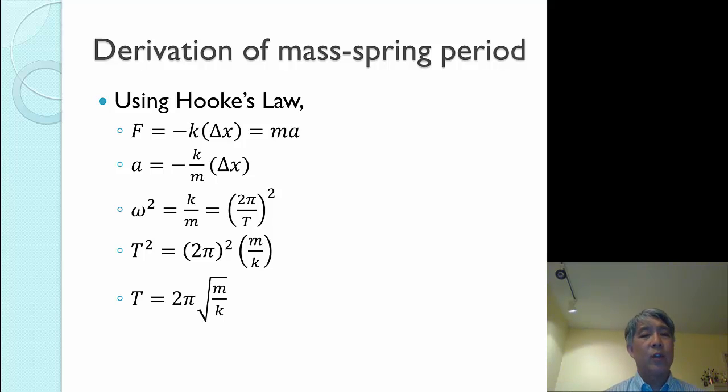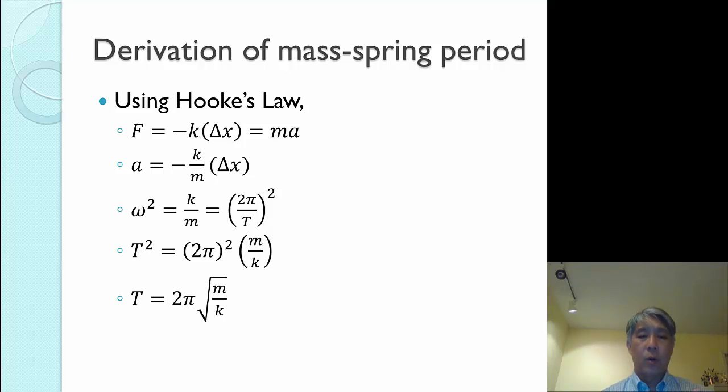Using Hooke's law, if F is equal to minus k delta x, and that's the only force, then I have mass times acceleration equal to that. Solving for acceleration, I end up with acceleration equal to minus k over m delta x. That constant k over m is my omega squared.